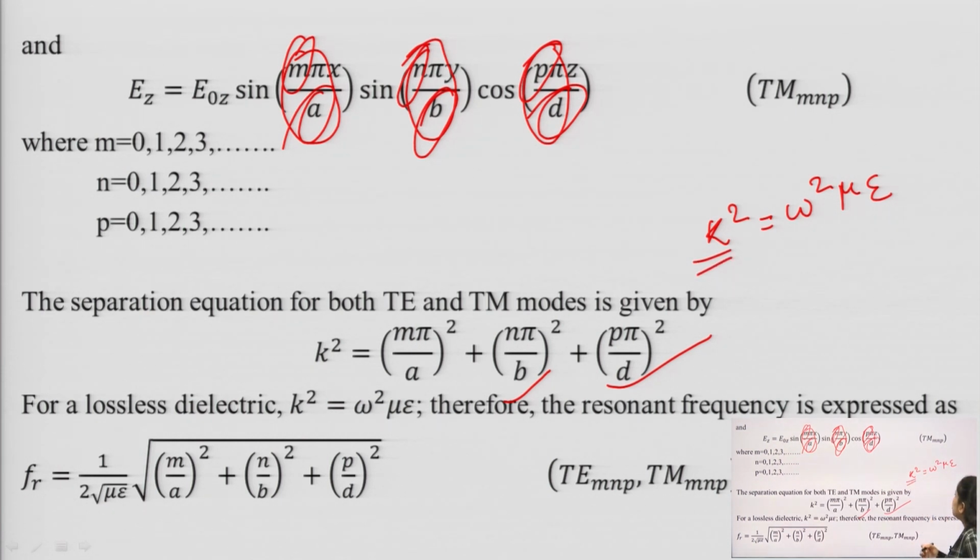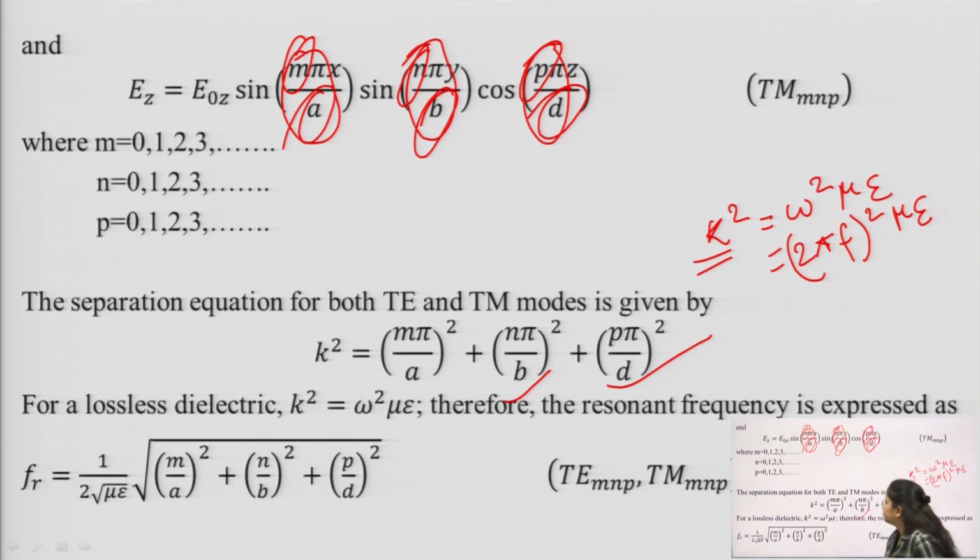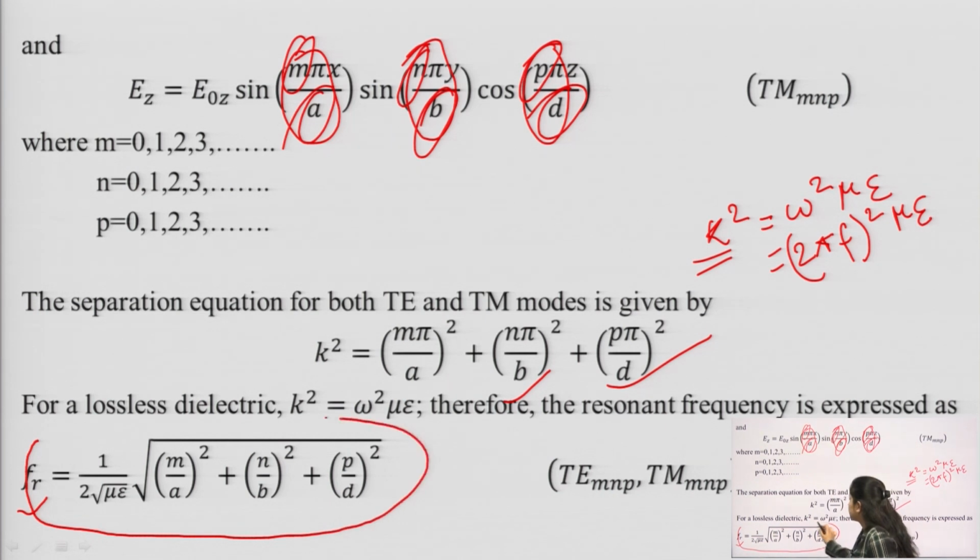If we want the value of the resonant frequency from this expression, ω we know is equal to 2πf, so (2πf)²με, and when we solve it, we get the value of the resonant frequency, and that is equal to this one.